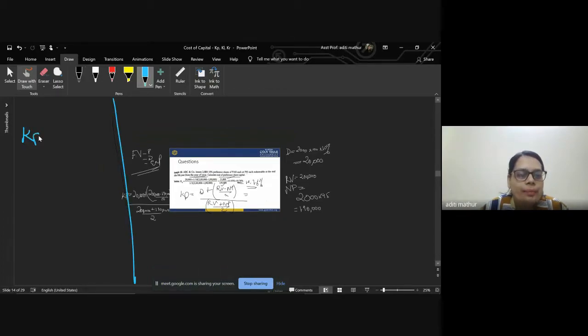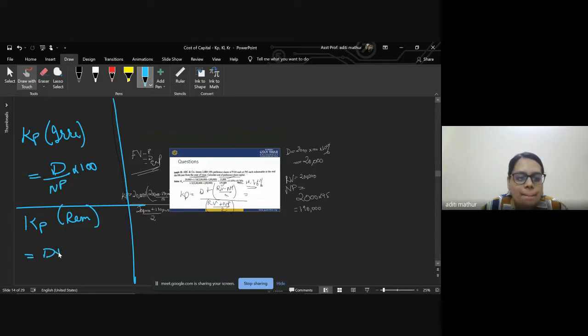KP when it is irredeemable is equal to dividend divided by net proceeds into 100, and KP when it is redeemable is equal to dividend plus RV minus NP divided by N, whole divided by RV plus NP divided by 2 into 100.